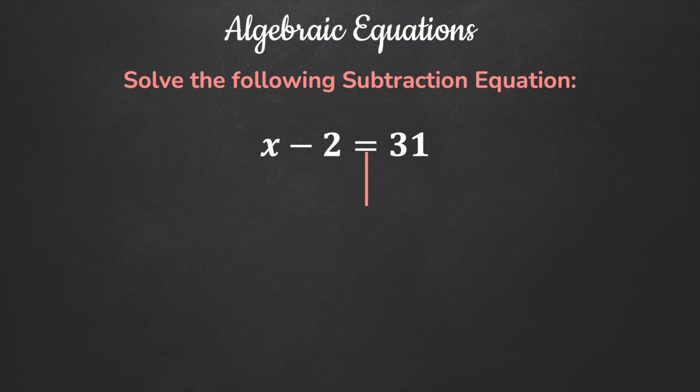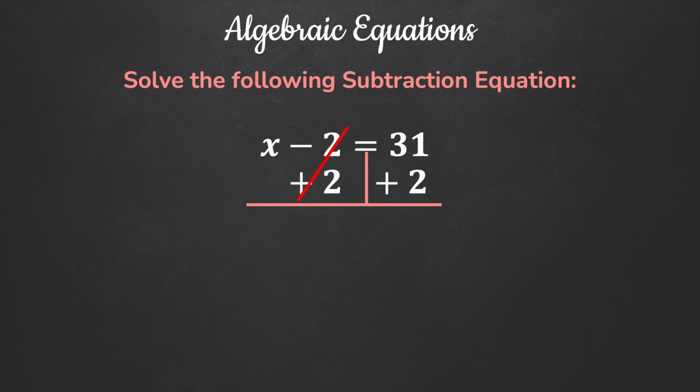Now, because we have x minus 2, our goal is to get x by itself, so we're going to go ahead and add 2 because the inverse operation of subtraction is addition and we want to cancel those out. However, if we add 2 on the left side of the equation, we also have to add 2 on the right side of the equation. Now these two cancel out because they're equal to 0.